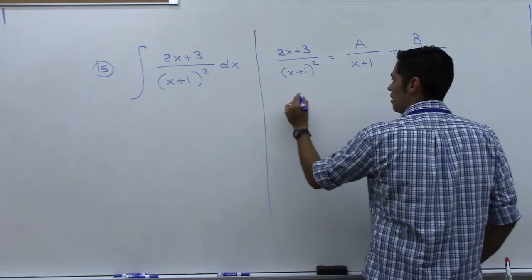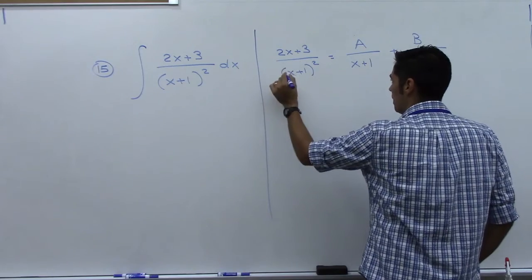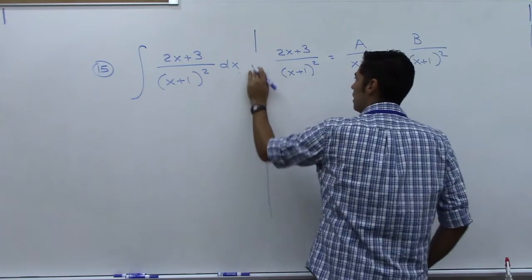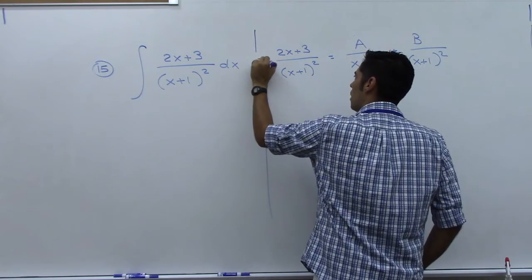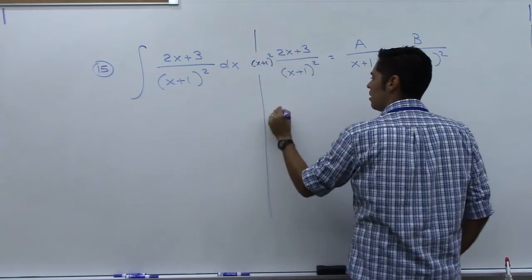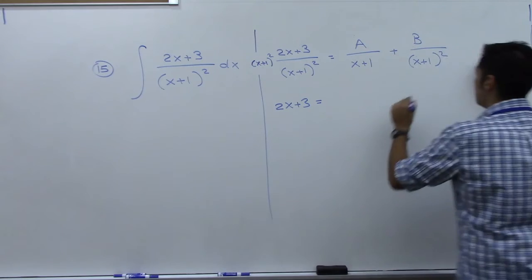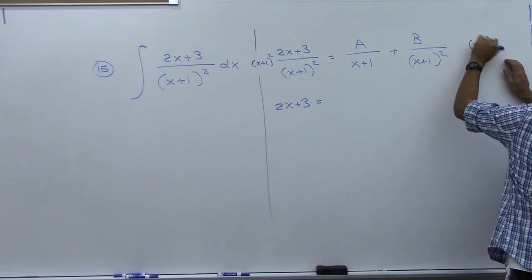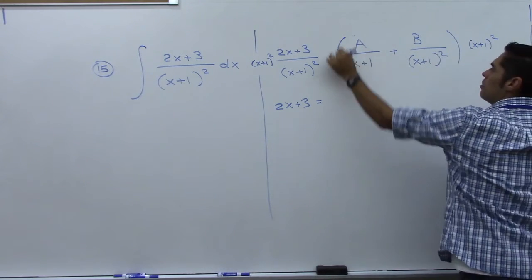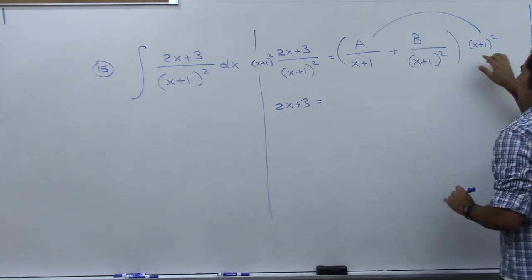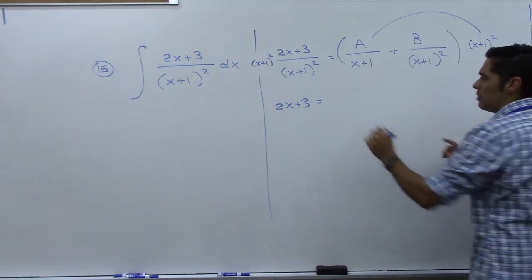So let's try this. I multiply both sides by the LCD, which in this case would be x plus 1 squared. Cancels on the left, I get 2x plus 3. On the right, when I multiply x plus 1 squared through to both of these, here to here, notice that only one of the factors cancels.